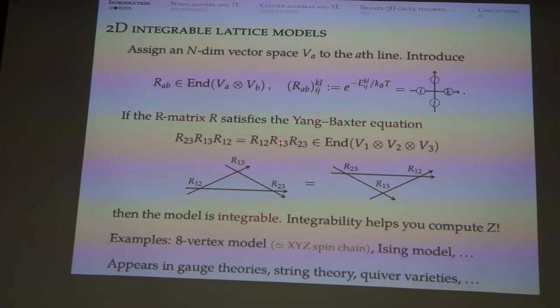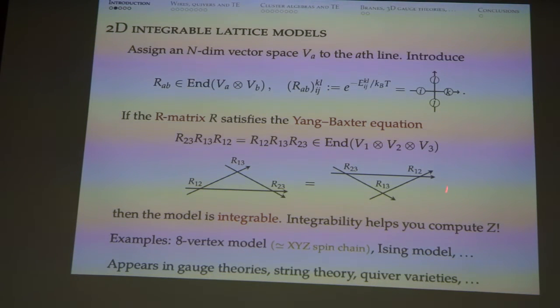What I mean by this is that each side of the equation is an endomorphism of V1 tensor V2 tensor V3, and R12, for example, acts on V1 tensor V2 by this operator R. R23 acts on V2 tensor V3 by this operator R. This is a key equation for integrable lattice models in 2D, and it also has this graphical representation.